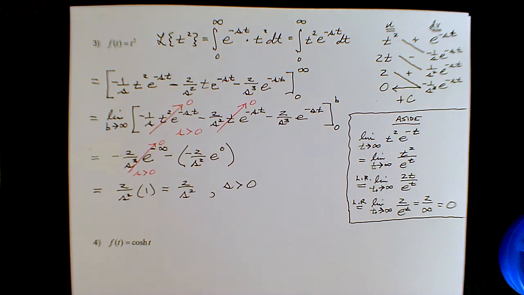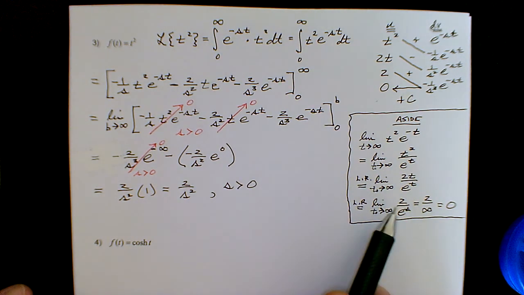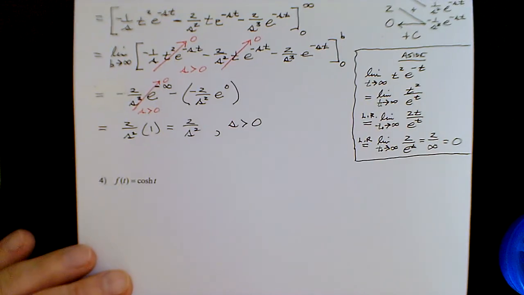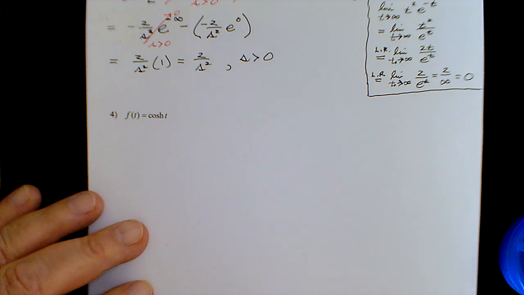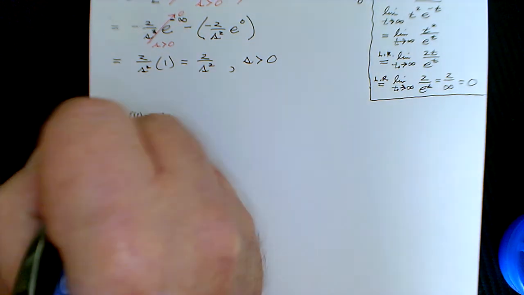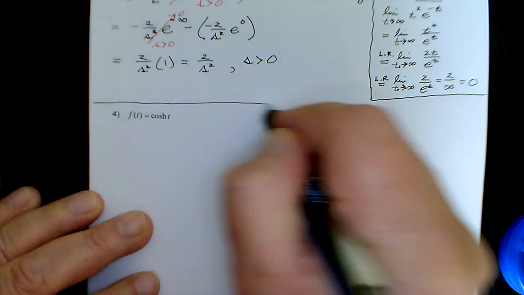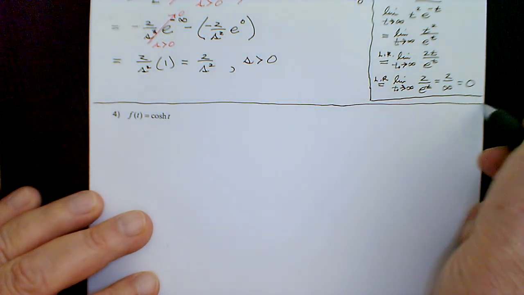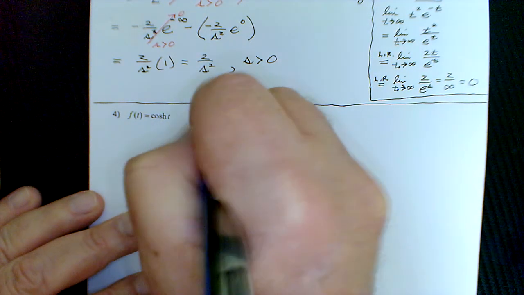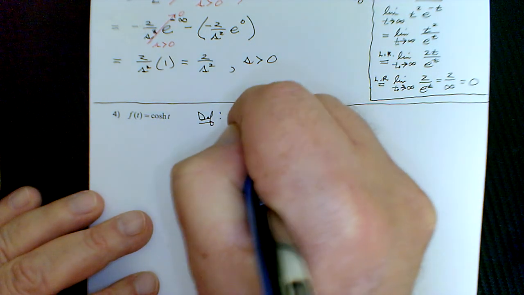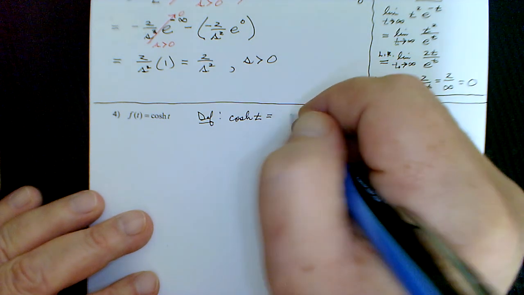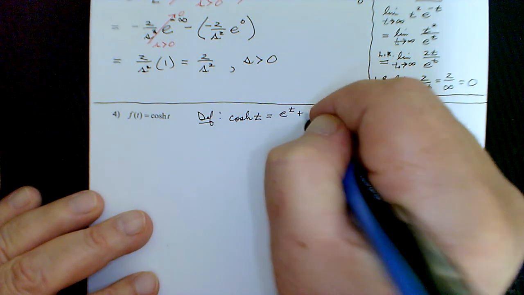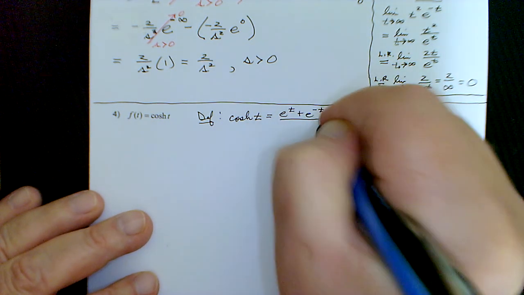Okay, so that one's, I'm going to give you one more like number 2 on the exam, but this is just to help you with the homework, so let's just finish up this final example. It's a hyperbolic cosine, and with the hyperbolic cosine, what we need to do is use the definition that hyperbolic cosine of t is equal to e to the t plus e to the negative t over 2.